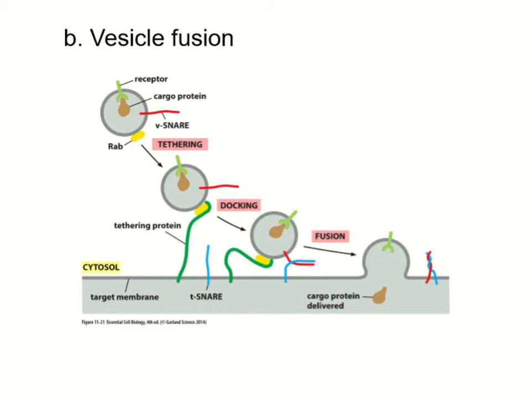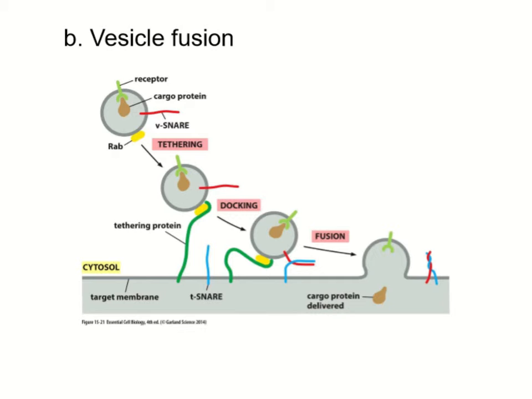So this is the other end of that process. How are vesicles targeted to specific organelles? And this is kind of a two-step process, as we understand now, and it involves, again, GTP binding proteins, or GTPases, these enzymes that will hydrolyze GTP and release energy.